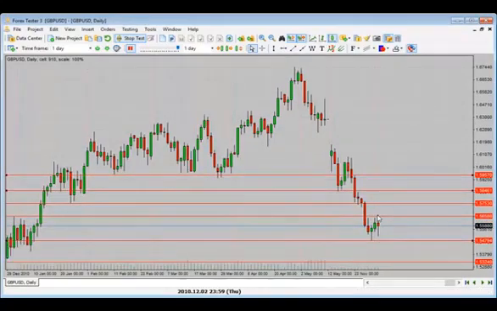Okay, so it went and tested this level once again, and then came all the way down, but closed in a neutral position. So now we have a neutral candle close here. Where to from here? What do you think?